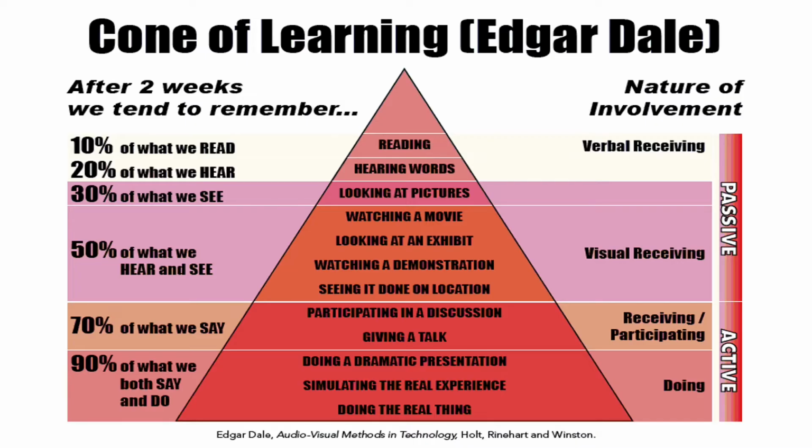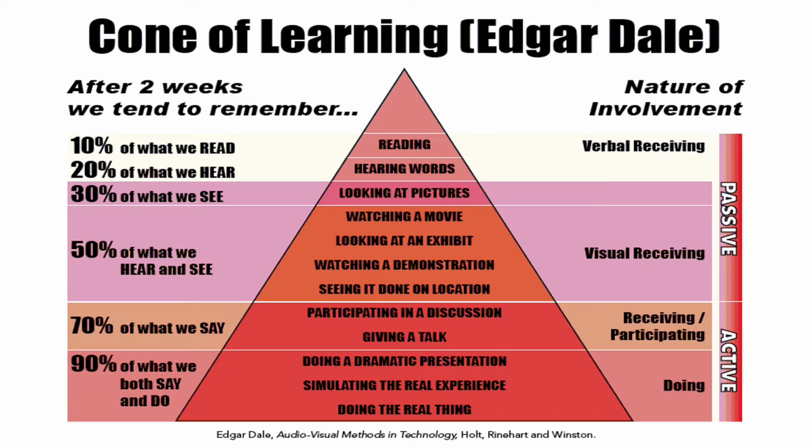Now, let us look into this picture here. The cone of learning says that after 2 weeks, we tend to remember 10% of what we read, so that falls under reading. 20% of what we hear. So when we hear words, 20% will be retained. 30% of what we see.